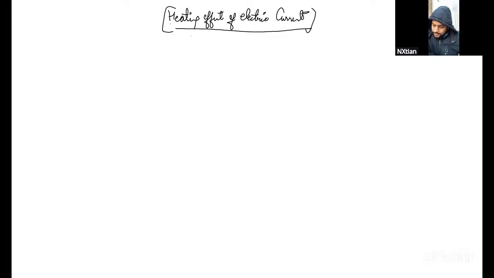It's the heating effect of electric current. Now in this chapter, the heating effect of electric current. What does this mean?